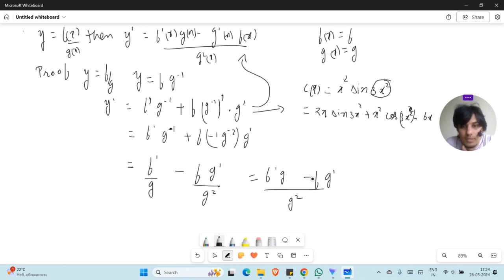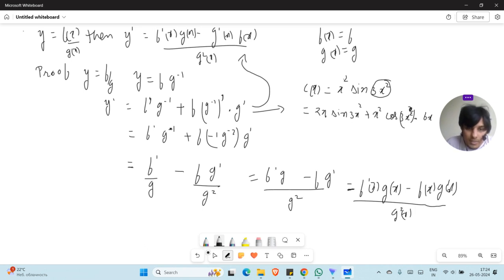So we see exactly, if I write it in this form, I get f prime x g x minus f x g x prime upon g x square.